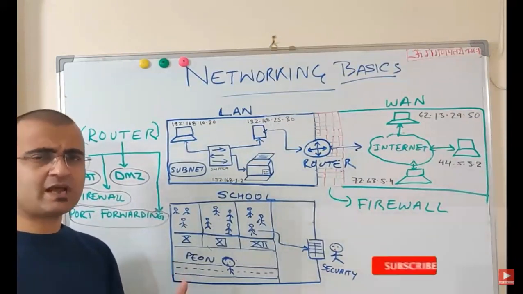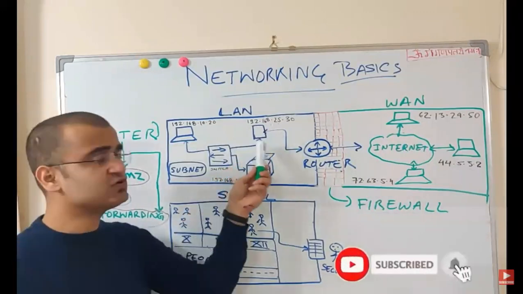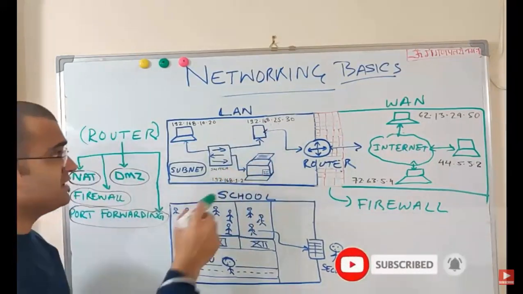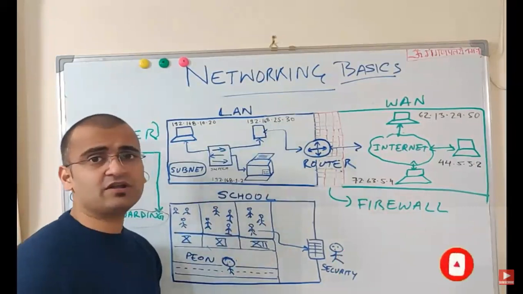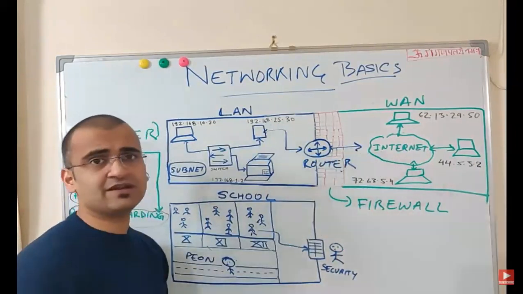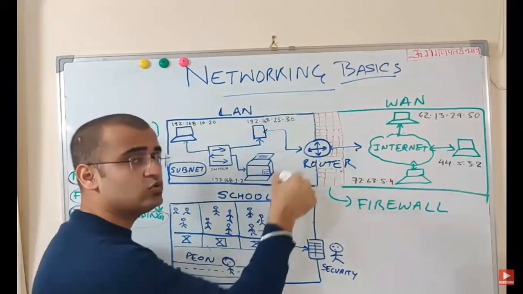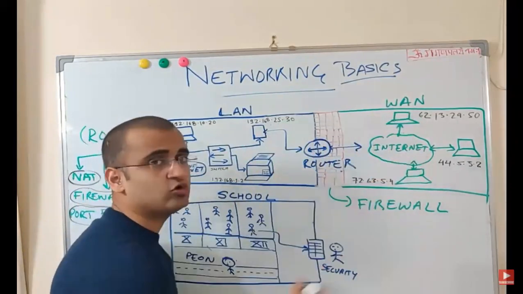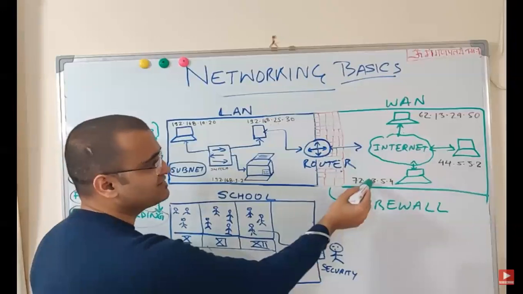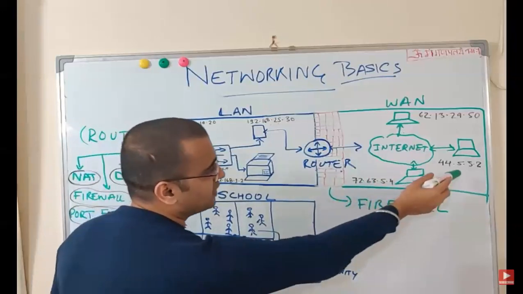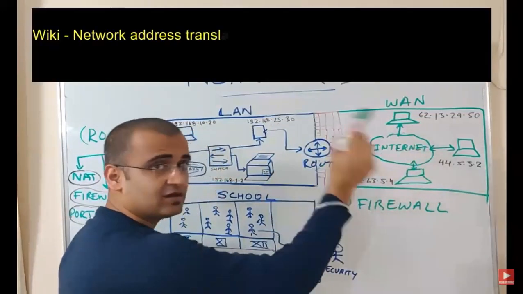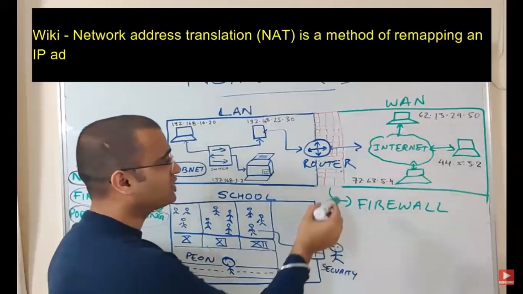The name pretty much describes it. Whatever request comes from a local area network device, the IP address of this particular device is not exposed to the internet. The router changes this network device address to a different address, which then goes on to the outside network. As you can see, the IP addresses of these network devices outside the local area network are different.